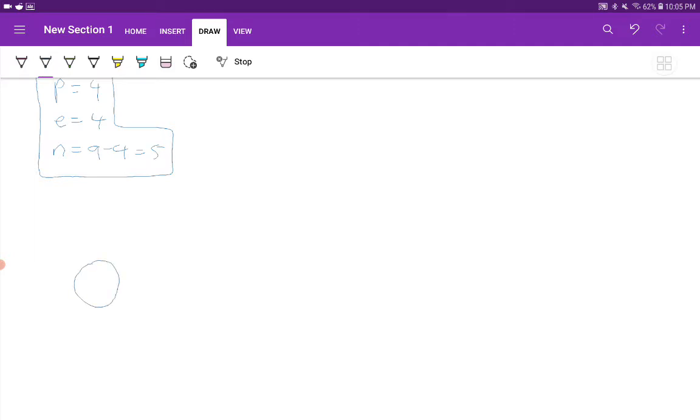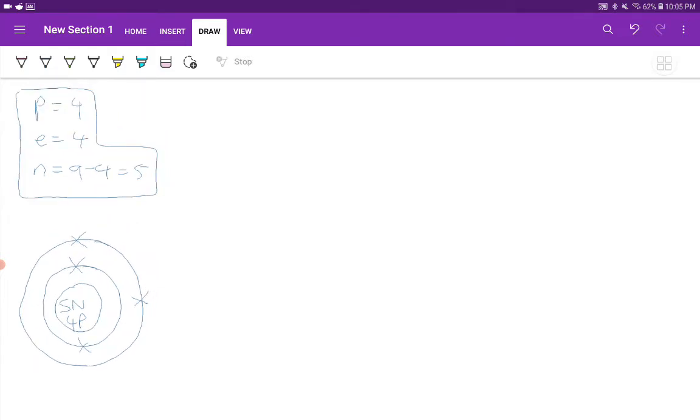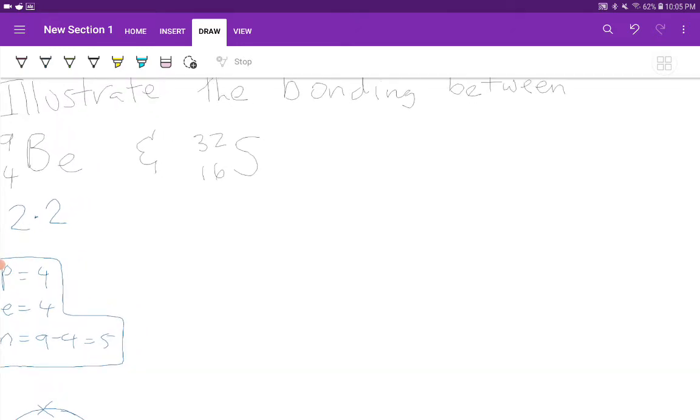Put in our nucleus with our 5 neutrons and our 4 protons. On our first shell, we're going to have 2 electrons, and then on our valence shell, we're also going to have 2 electrons. Now we need to take care of sulfur. Sulfur, if we look at the atomic number, we'll have an EC of 2, 8, 6.